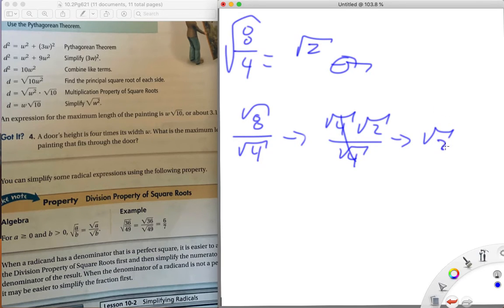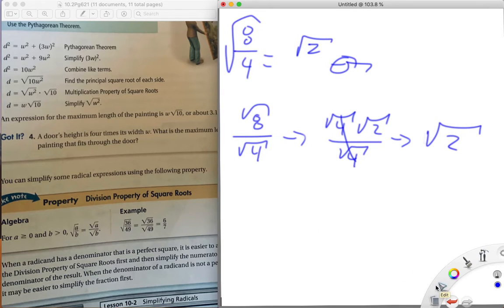So you have two ways you can do it. You can divide the fraction first to get to your answer, or you can do the radicals in the numerator and the denominator separately, and it'll also get to your answer. So those are two ways of doing the same thing.